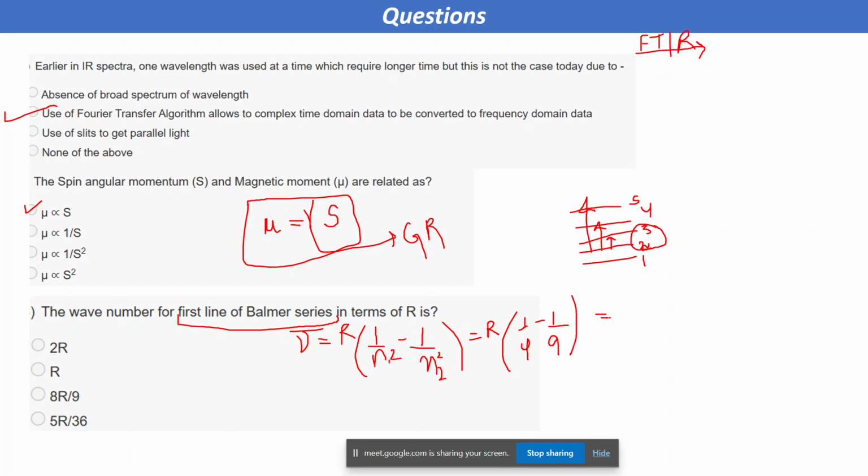After solving it, it will be 5R by 36. This will be the right answer. Is it understood?